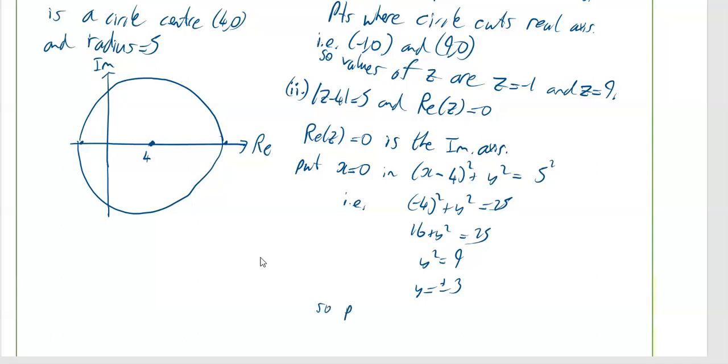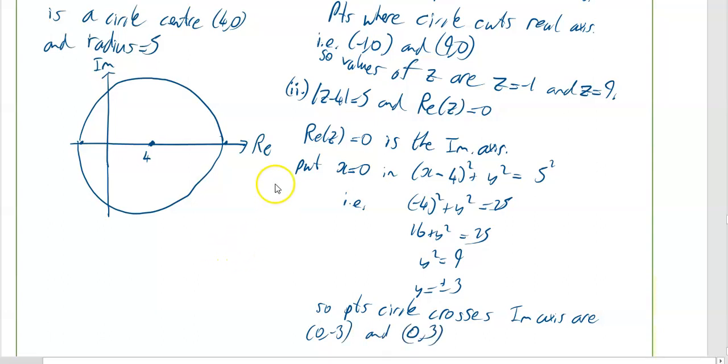So the points where the circle crosses the imaginary axis are 0, minus 3, and 0, positive 3. Now read the question. I think I made this mistake in the last one.